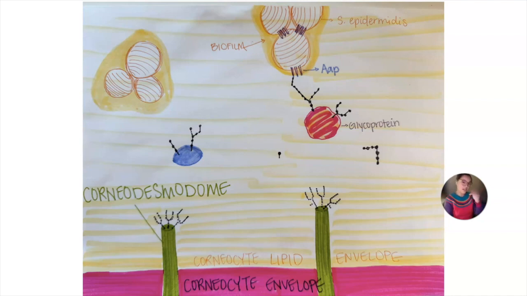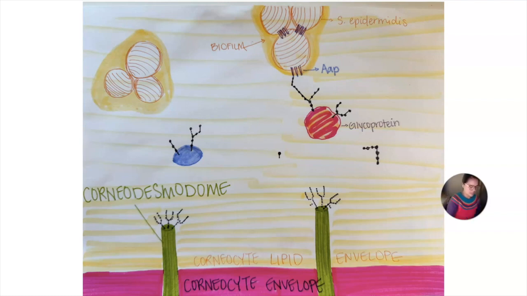And for the bacterium itself, they found out that it relies heavily on the domain A in the accumulation associated protein. So that's what I have illustrated there. That's the AAP, the accumulation associated protein.